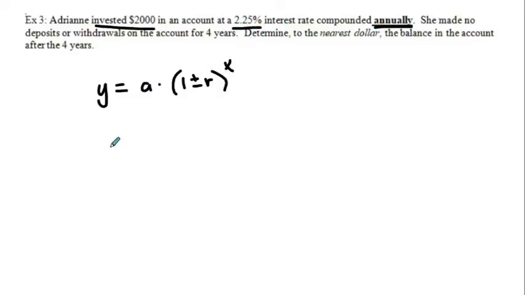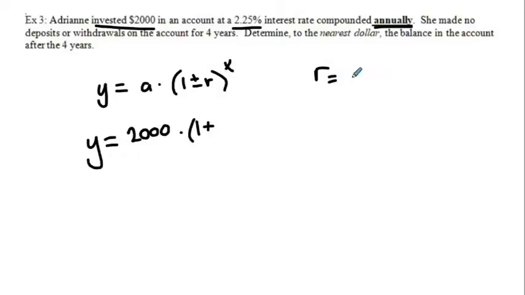So our initial value is 2,000. You're going to do plus or minus here. Well, is it growth or decay? This is growth, which means that we are going to add the value of r.